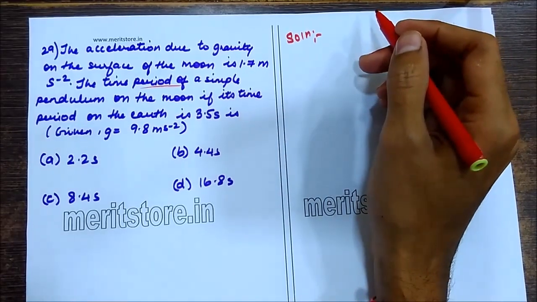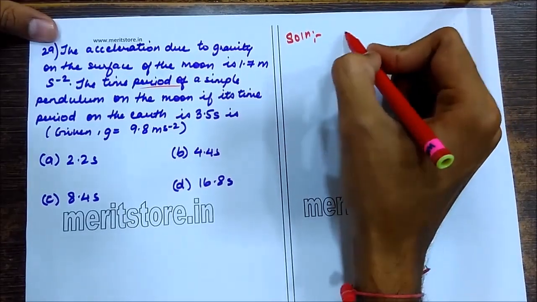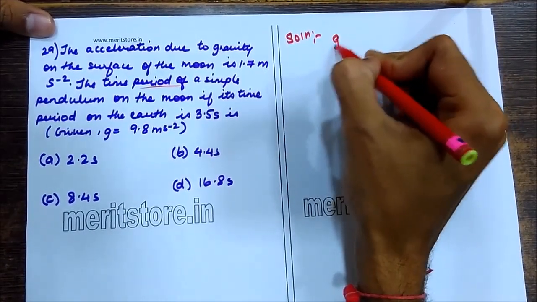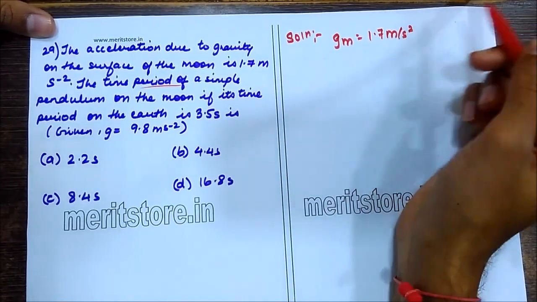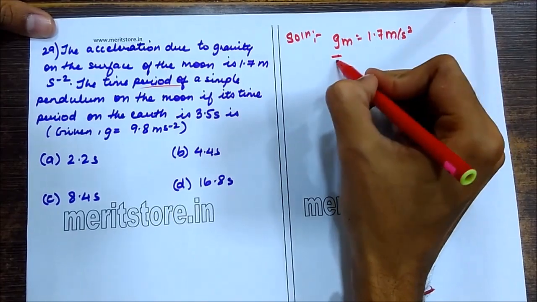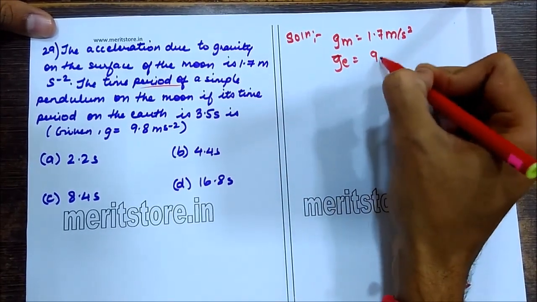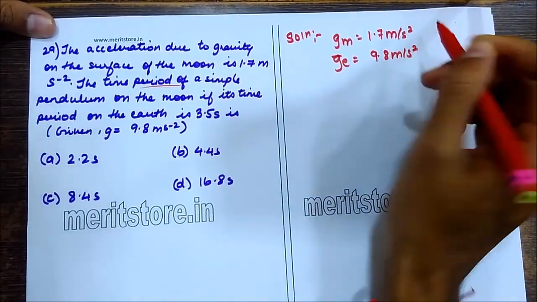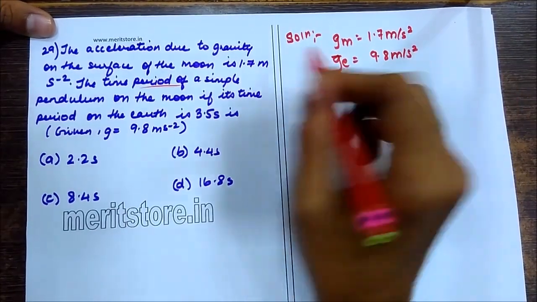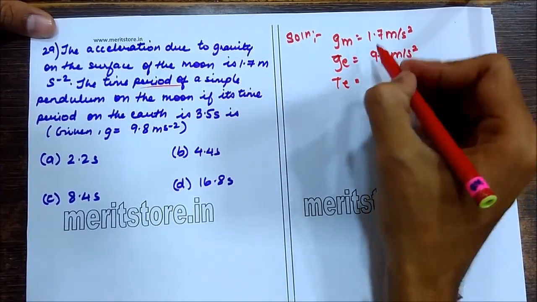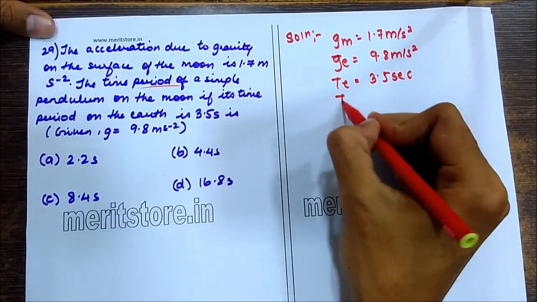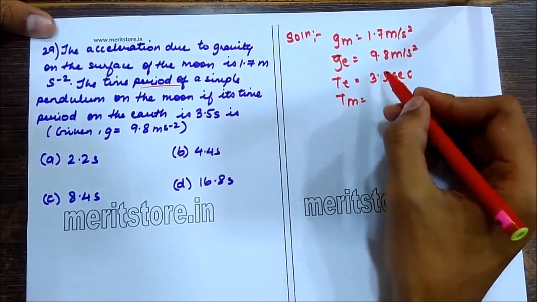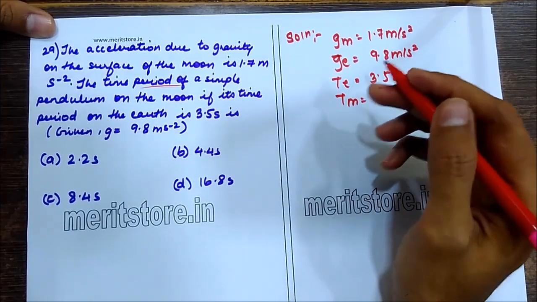Here the acceleration due to gravity on the moon is 1.7 meters per second square, on the earth it is 9.8 meters per second square, and the time period of the pendulum on the earth is 3.5 seconds. We have to find the period of oscillation on the moon.